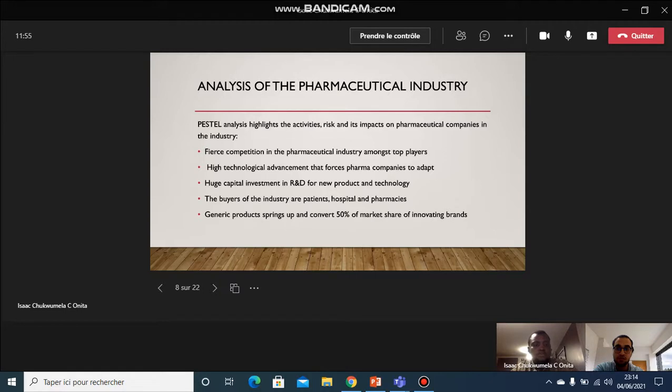A point that we should also look at is the huge capital investment in R&D for new products and technology.